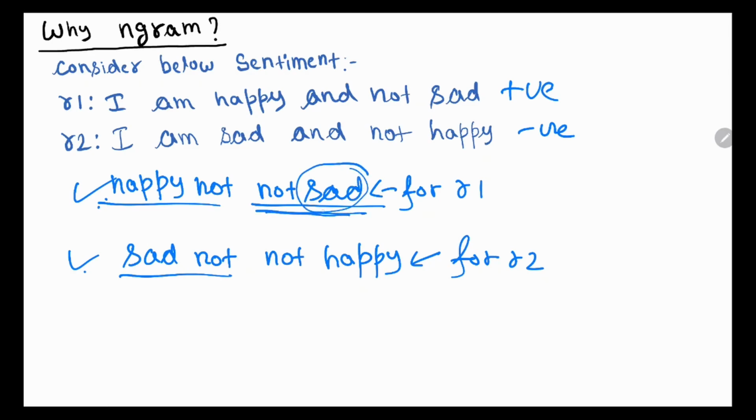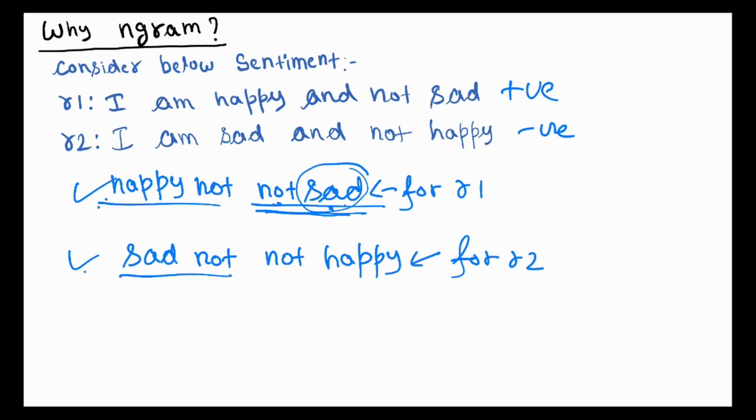It means it's considering the context of sad. We can't say ngram captures the entire contextual information, because for this we have another very famous algorithm, word embedding, which we will study much later, that captures the entire contextual information. For now we can say that bigram or ngram captures some of the contextual information.